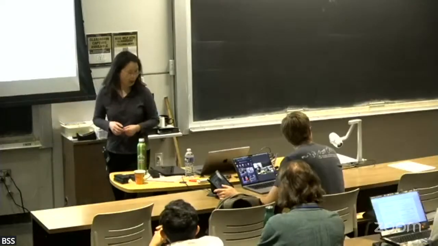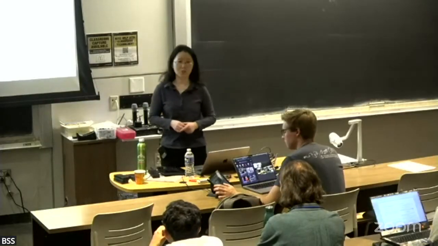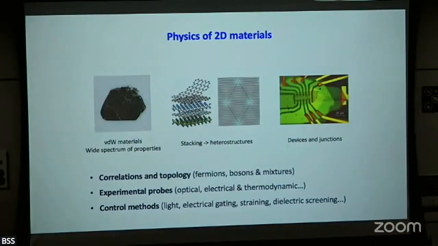So let me start with optical spectroscopy of 2D materials. For those of us who are interested in fundamental properties of 2D materials, this is usually what we do. We start with some bulk crystals, layered structures bound by weak van der Waals force. We exfoliate them. You have heard of Scotch tape, and basically that's still the technology.